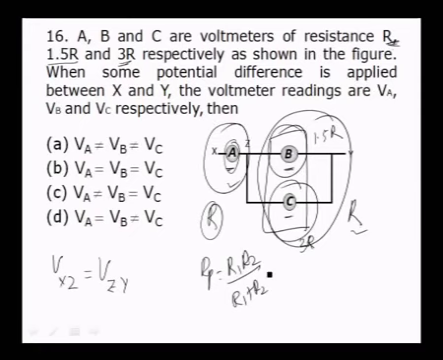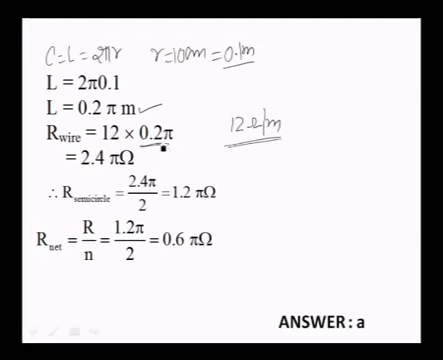That is the length of the wire. I want to calculate the total resistance of the wire. They were given 12 ohm per meter, that is resistance per unit length, multiplied by the length, 12 into 0.2 pi, which gives 2.4 pi ohm.